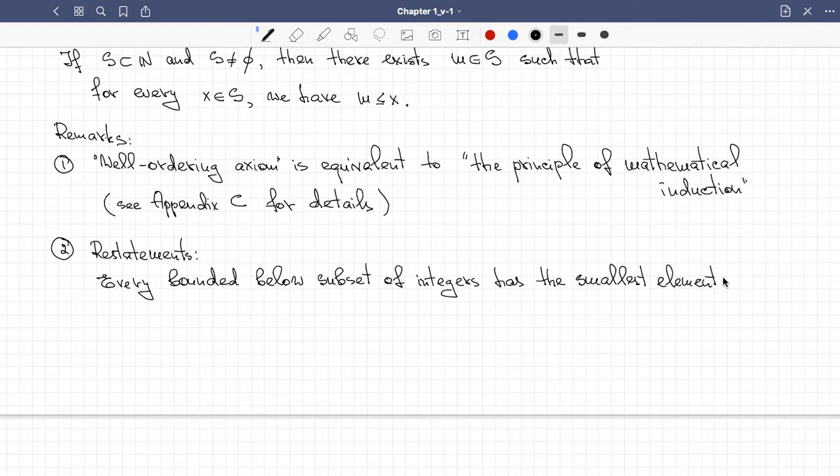I'm going to say about the same thing about bounded above. Instead of below, you can say above, and now it's going to be the biggest element.